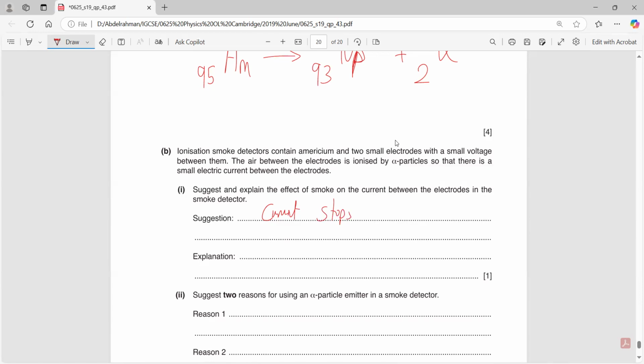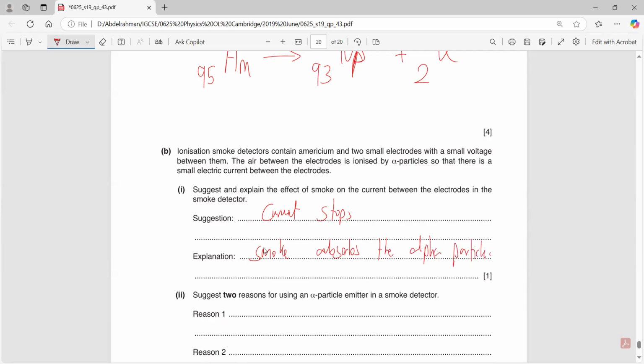Why does the current stop? Basically, because originally the air was ionized. If you increase the amount of smoke in the air between these electrodes, all of the smoke will absorb the alpha particles. The smoke absorbs the alpha particles.